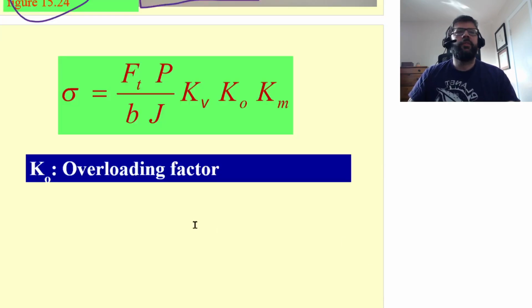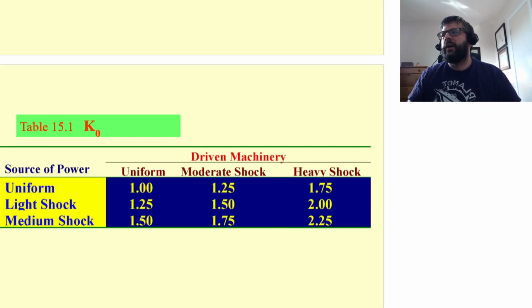We've got the overloading factor. This is based upon the degree to which you're getting pulses in the power supplied to the gear and pulses in the power used by the end user. If we have uniform power and uniformly driven machinery, then it's 1.